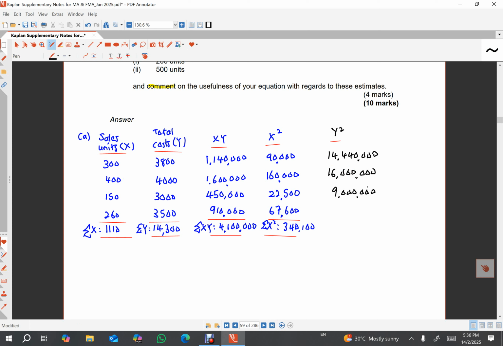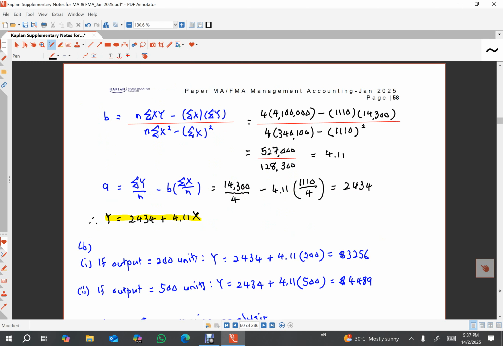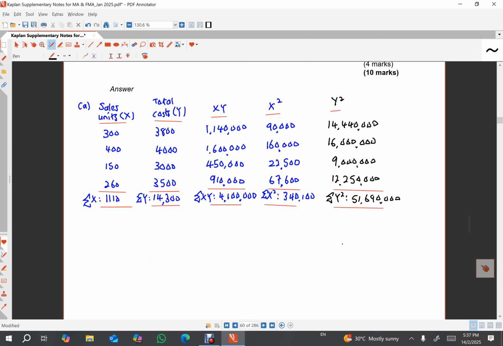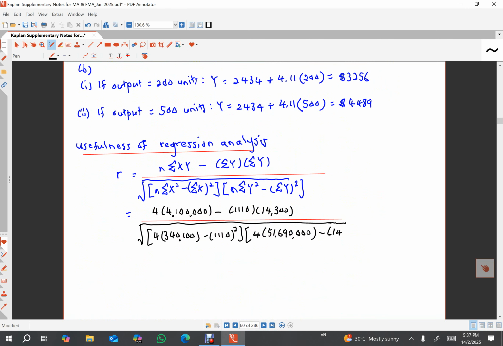That gives 51,690 (in ten-thousands), minus the total of Y, 14,300 to the power of 2.